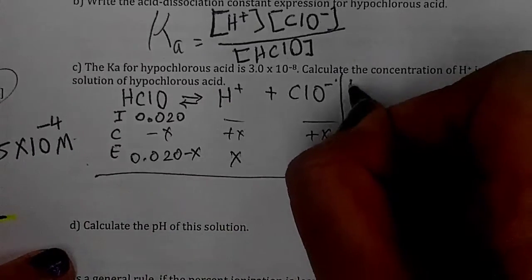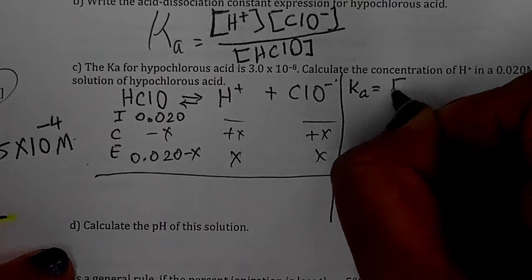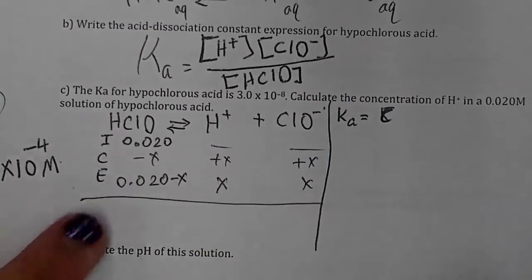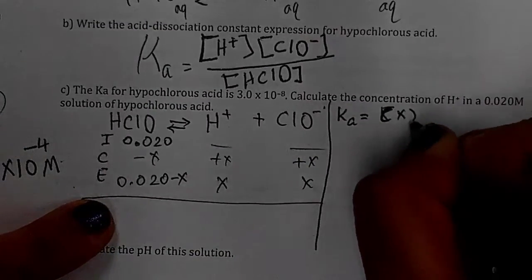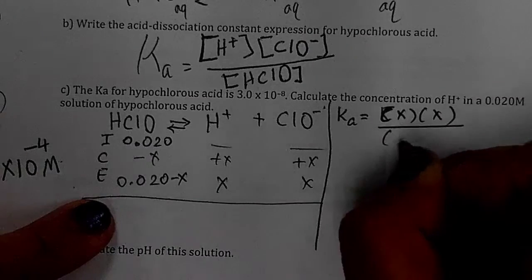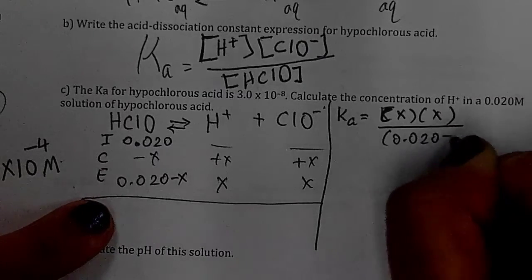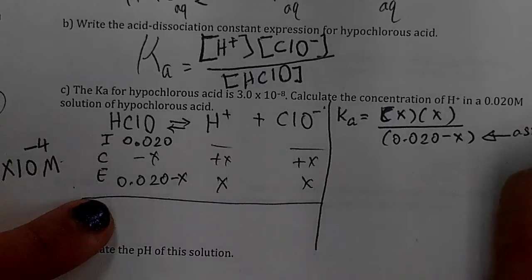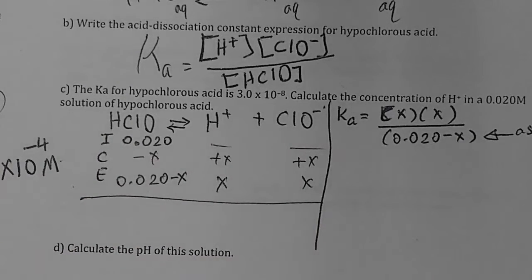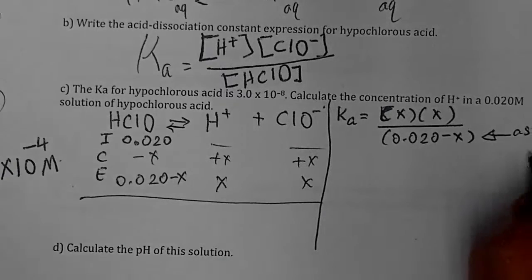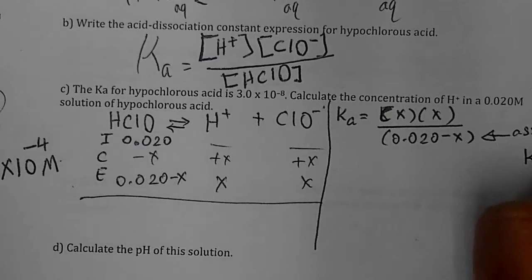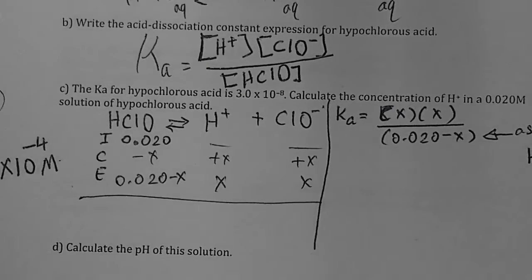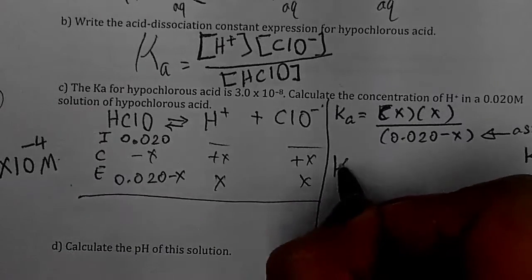Ka is equal to concentration. I'm not going to rewrite the concentration. I'm just going to plug it in to save room, because we already know x, and this is going to be 0.020 minus x. Like I said, I'm going to assume, because x is small enough. You can say that because Ka is really small, which means essentially not much of that is going to go away.